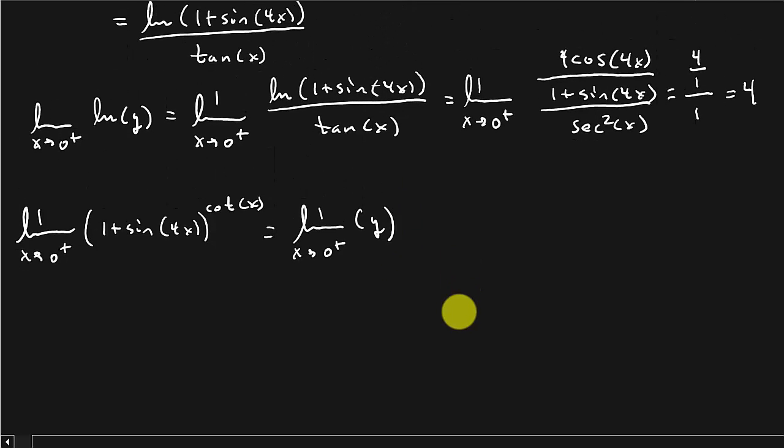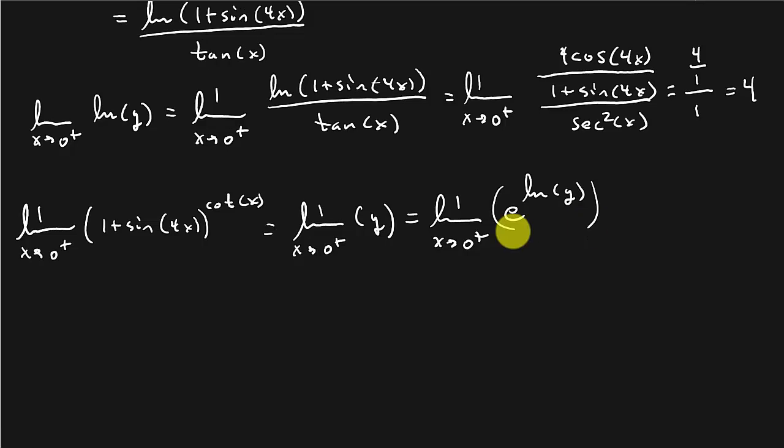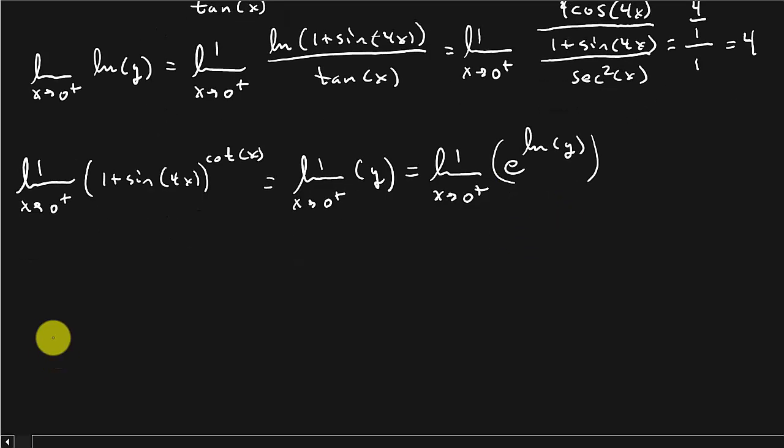Pay attention here. So this is equal to the limit as x goes to 0 from the right of what? e raised to the natural log of y. Now, where in the world did that come from? Do you remember there's a property that says b to the log of x with base b is equal to x?